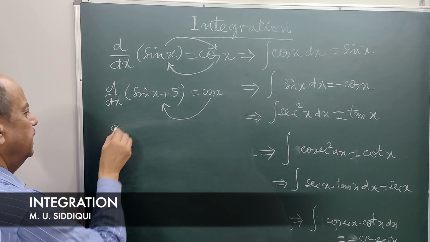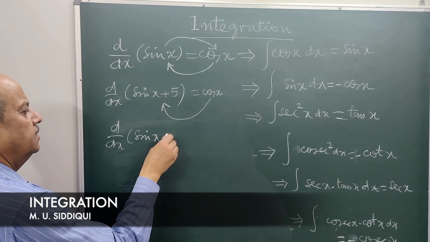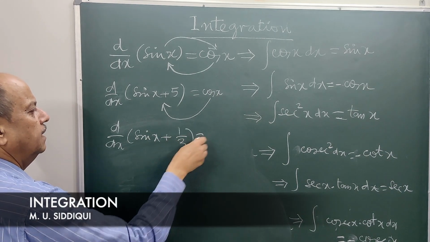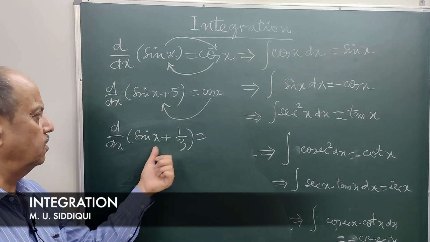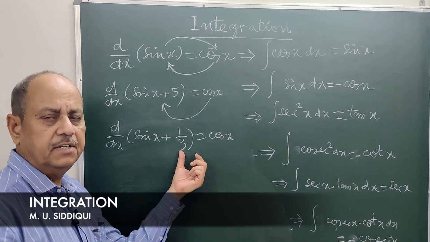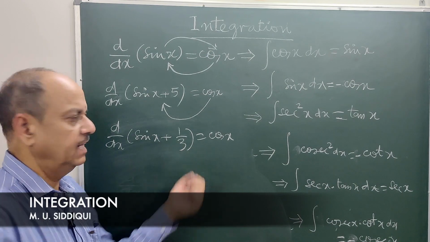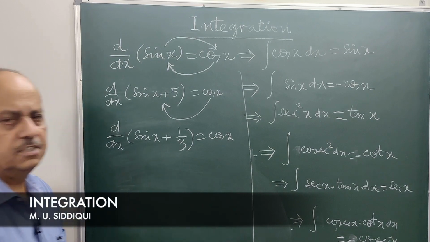Similarly, if you say d dx of sin x plus 1 upon 3, the derivative is cos x once again, and when you differentiate 1 upon 3, which is a constant, it will give you only 0. So, we are not writing that. What does it mean?